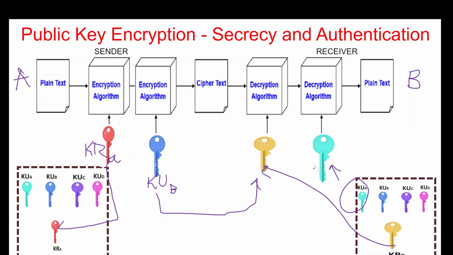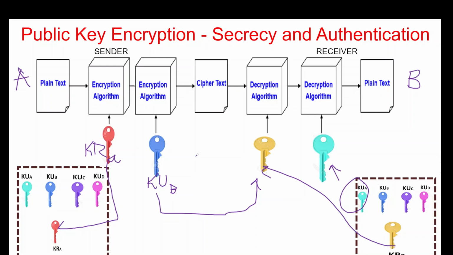You should not change the order, because if you first encrypt using the public key of B and then the private key of A, then whoever has the public key of A can open the message. So you should not forget the order. If you want to provide both secrecy and authentication, first encrypt using the private key of the sender, followed by the public key of the receiver. On the decryption side, it is vice versa.